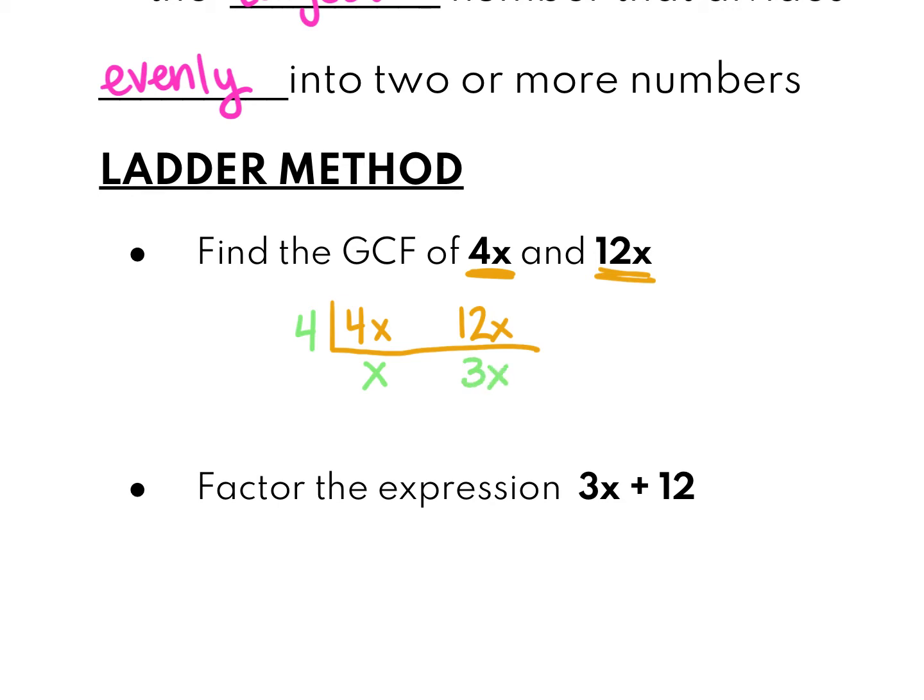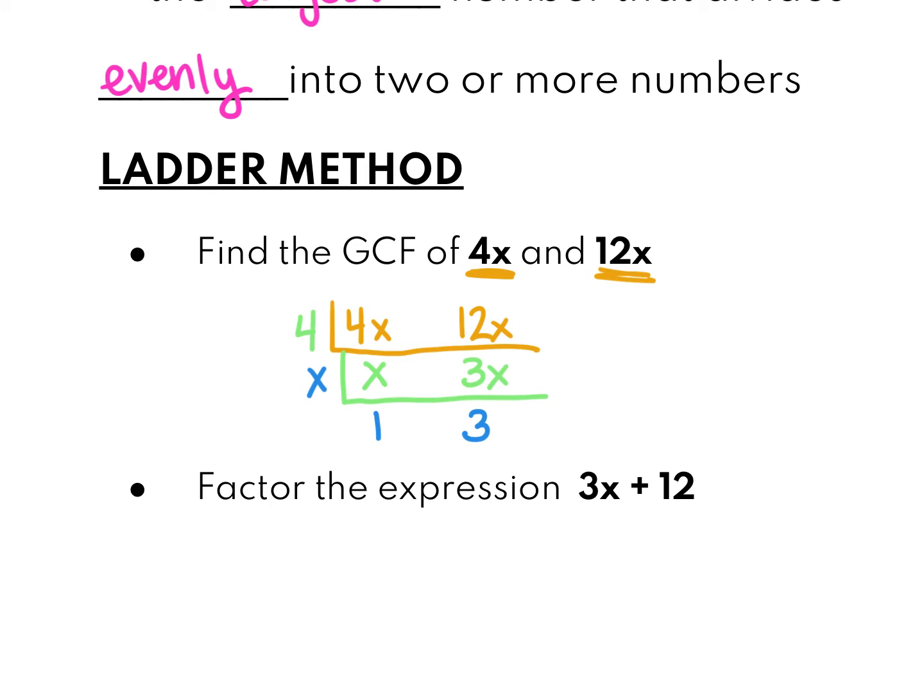Now I'm going to look at this again, and I'm going to keep doing this. I'm going to say, okay, x and 3x, do they have anything in common? Why, yes, Mrs. Kibler, they do. I'm going to draw another upside down division bar, and I'm going to say, okay, what evenly goes into x and 3x? Well, that would be x. x divided by x is not x, alert, it is 1. x divided by x is 1. 3x divided by x is 3.